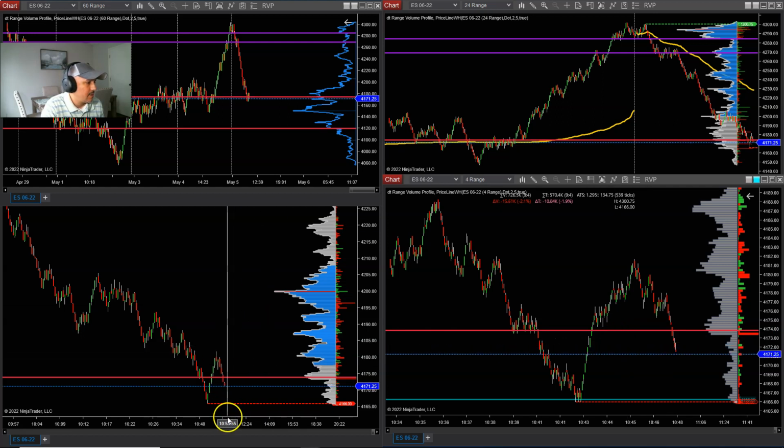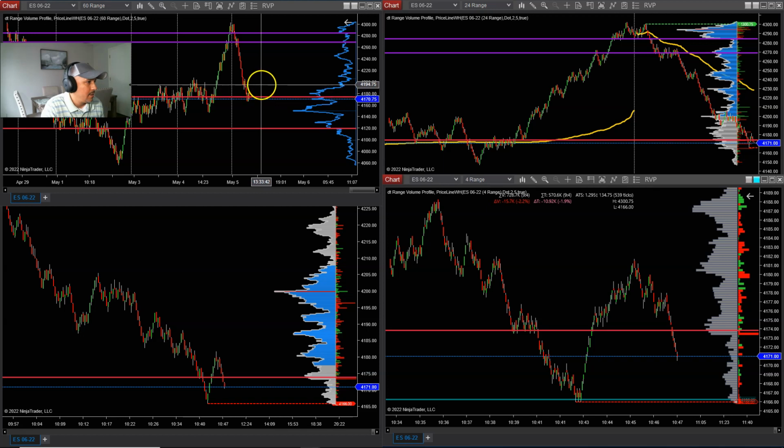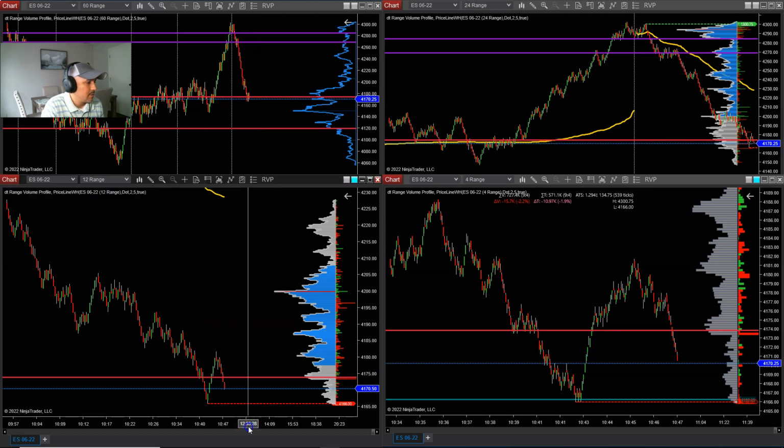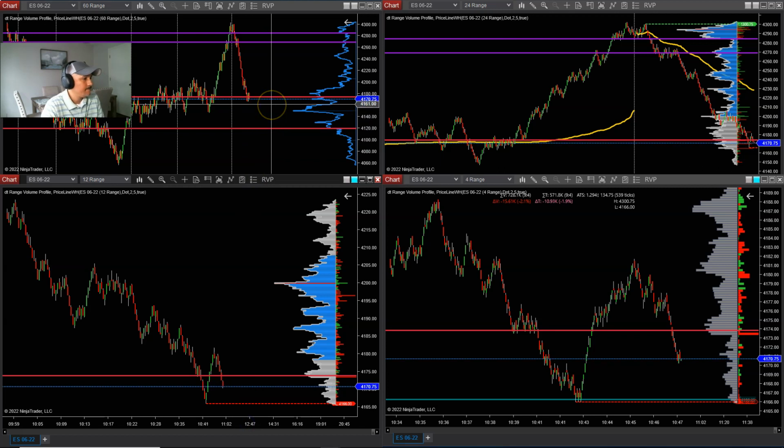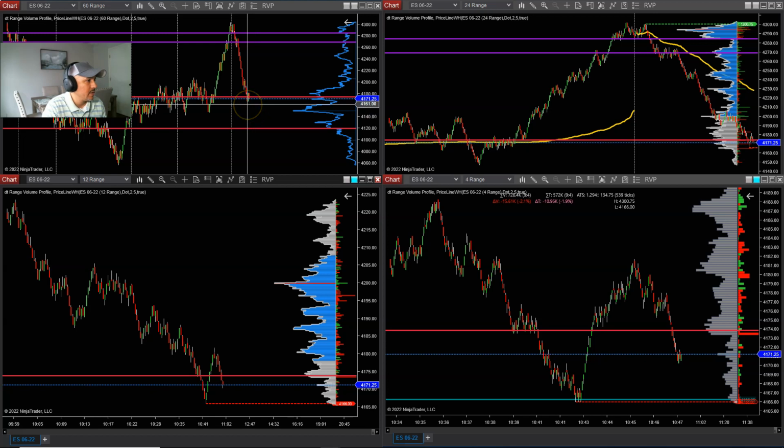Okay, so the market probably didn't pull back to this area yet. So we are rejecting some areas. It could push lower now.